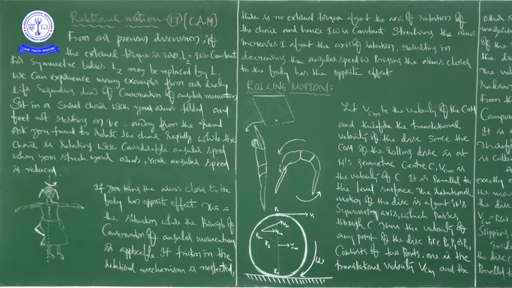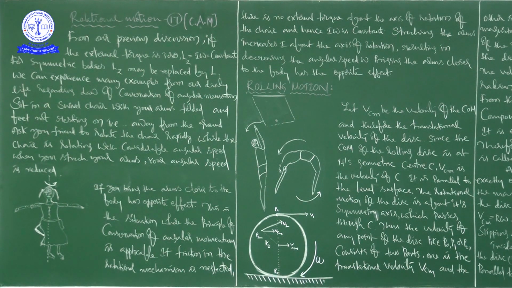Suppose she closes her hands, I think you know what is stretching of hands and closing of hands, right? What will happen? She has to experience the opposite effect. What is the opposite effect? Angular speed will be increased.